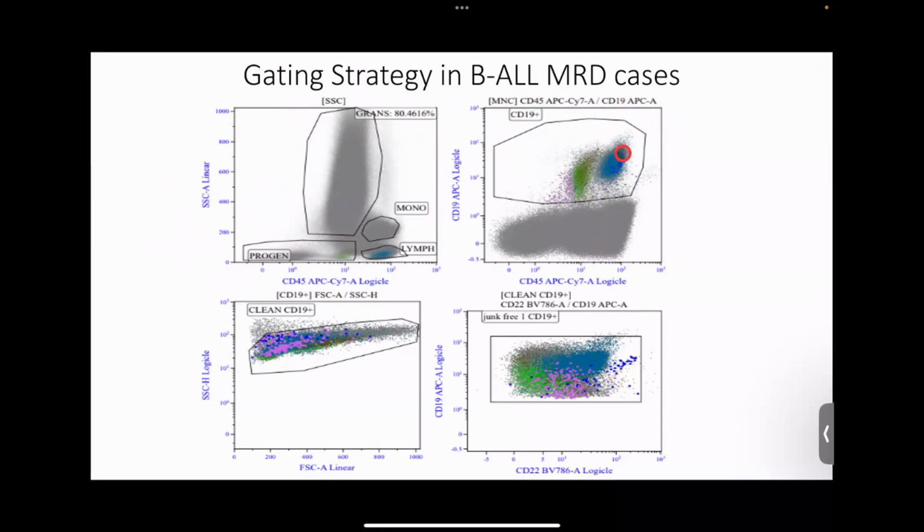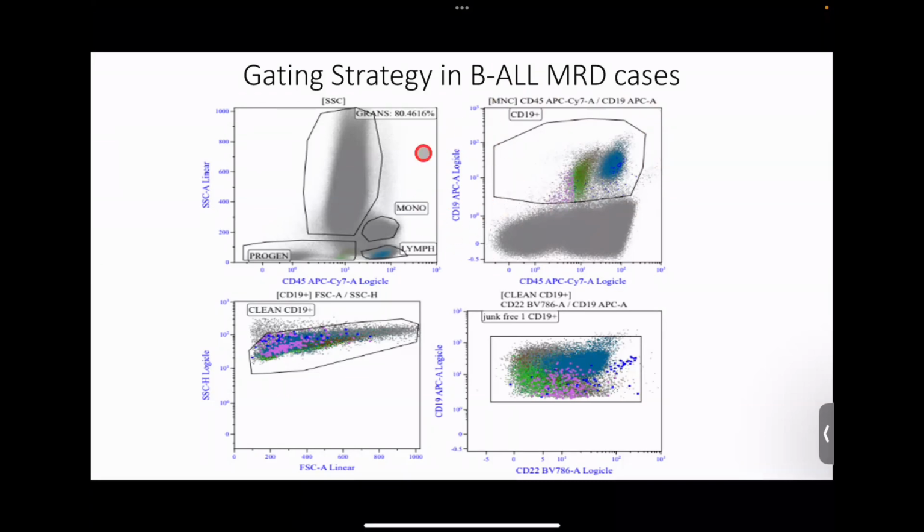The cells with CD19 positivity and CD45 positivity are analyzed with the further markers. This is the gate we usually place with a bright CD19 positivity, which has to be analyzed in B-ALL MRD cases. CD19 negative cells are not needed to be analyzed, but CD19 positive cells have to be analyzed in B-ALL MRD cases.